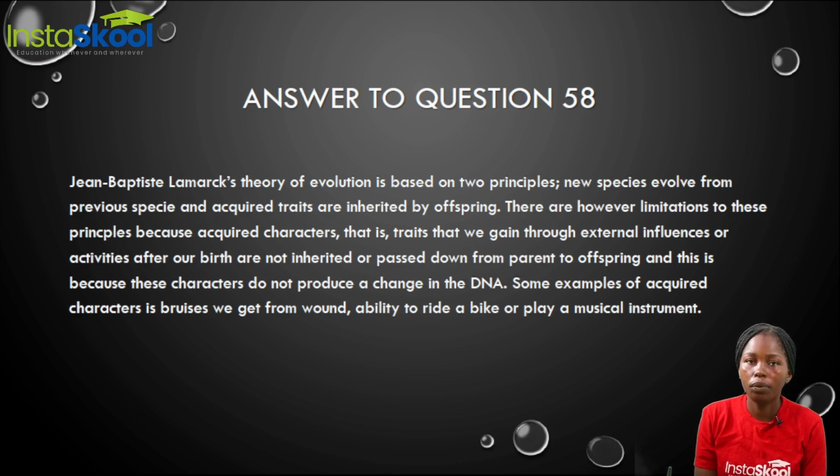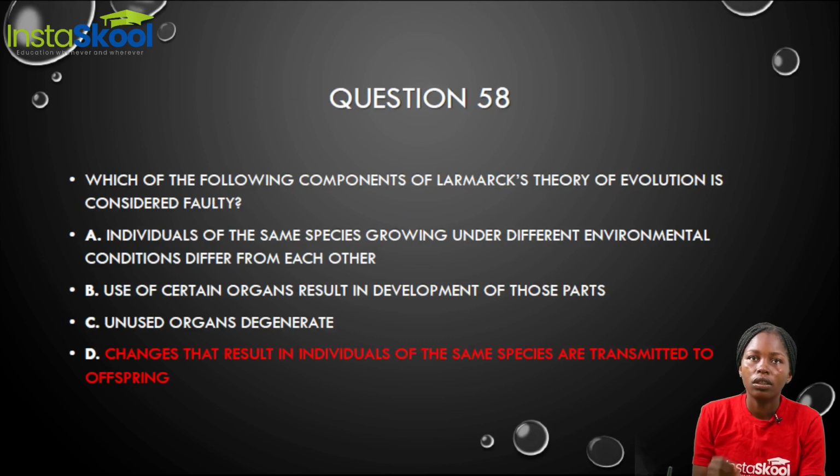For example, if a parent knows how to play a particular musical instrument or knows how to ride a bike, this does not guarantee that his offspring will also know how to do this, because it is an acquired trait and it does not cause any change in the DNA. So, a limitation of Lamarck's theory of evolution is that the changes that result in individuals of the same species are transmitted to offspring.